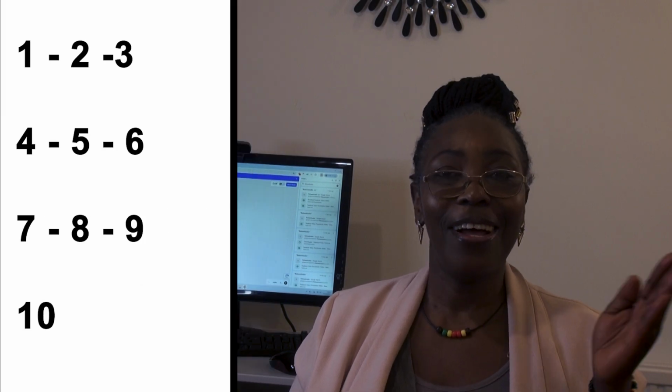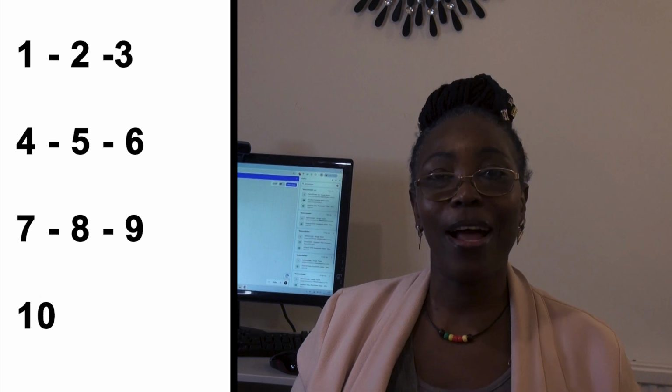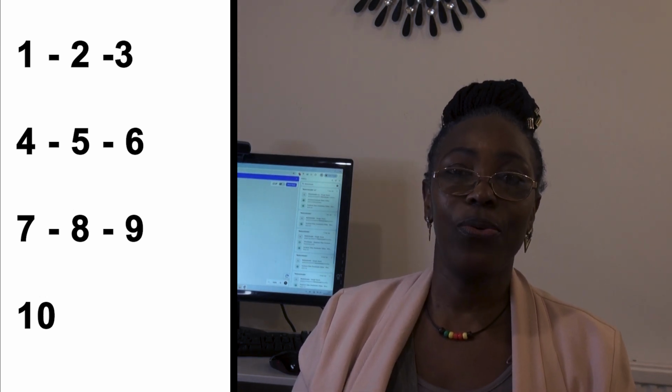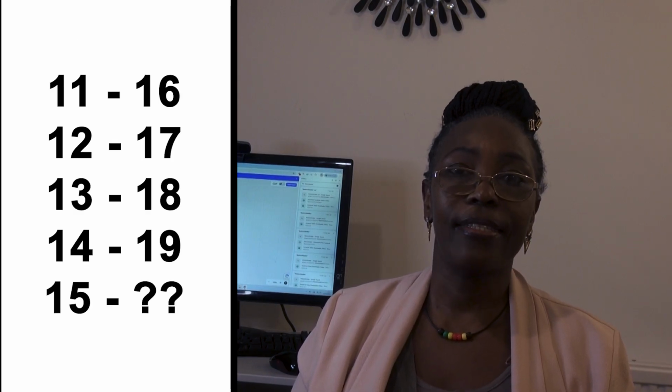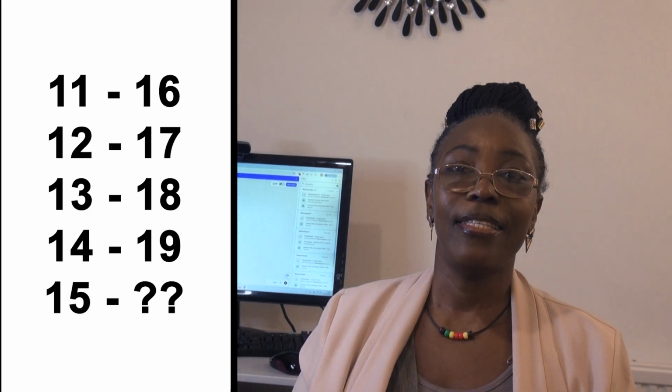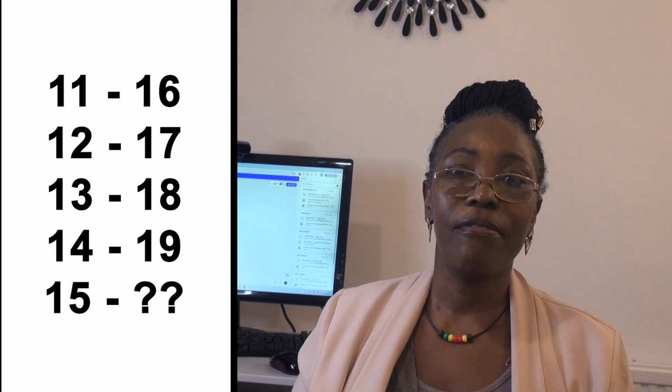Let's go. 1, 2, 3, 4, 5, 6, 7, 8, 9, 10, 11, 12, 13, 14, 15, 16, 17, 18, 19, and we're stopping there for this first bit. So you know how to count up to there.